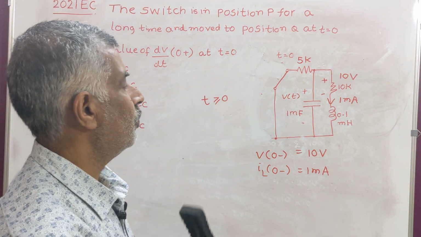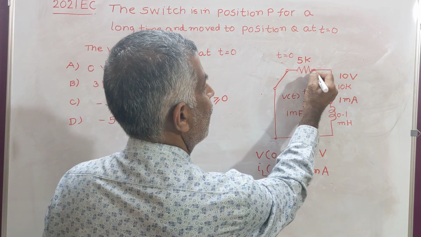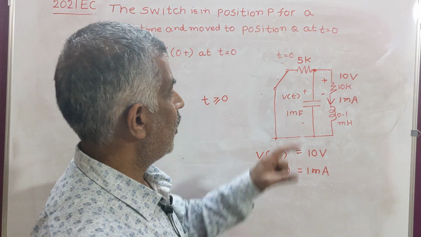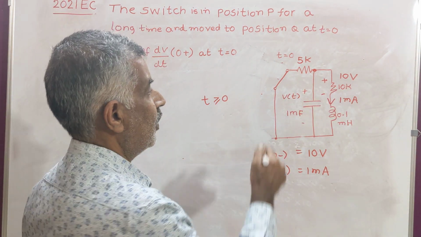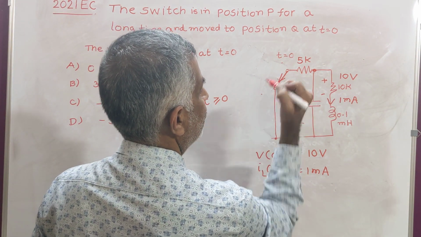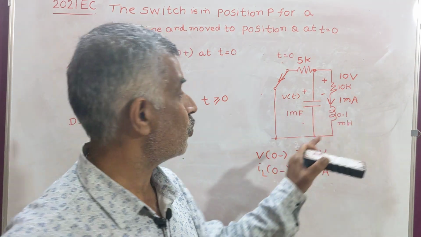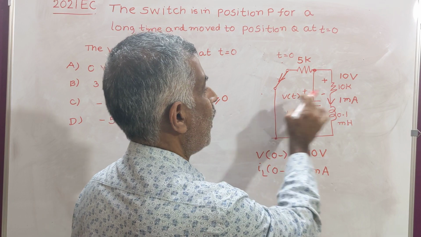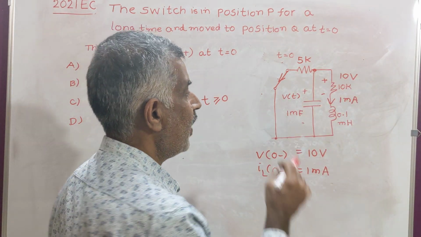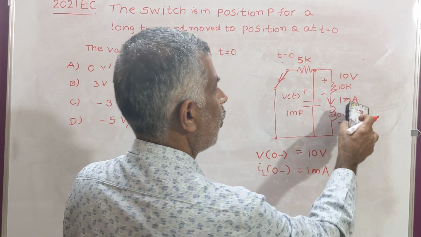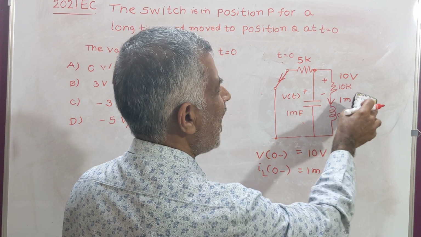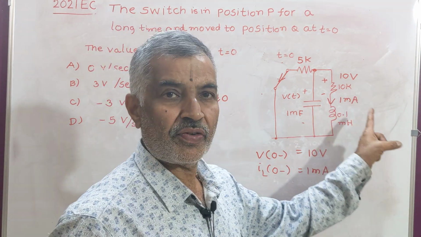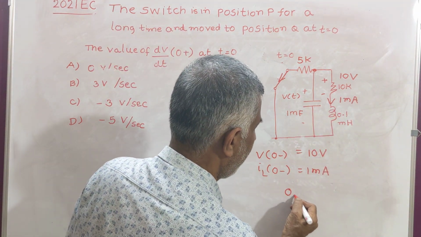Now you apply KCL to these three branches. Now you assume some current, because the capacitor is charged to some voltage and it is going to drive current through this part and this part. I am applying it now. It is no longer 1 milliamp. 1 milliamp flows at instant 0 plus.